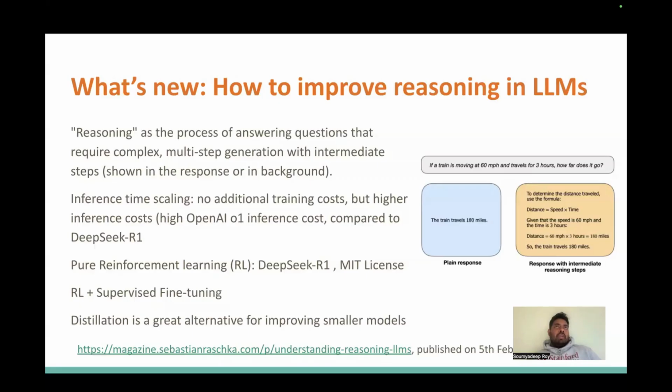If you see DeepSeek, you have DeepSeek R1 32 billion, 8 billion. These models are all distilled from the original much larger model, right? Distillation is shown to significantly improve the reasoning capabilities of these smaller models, right?